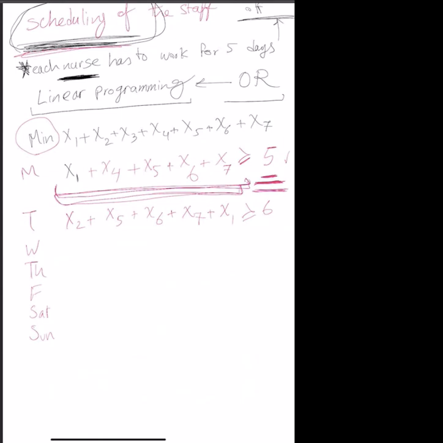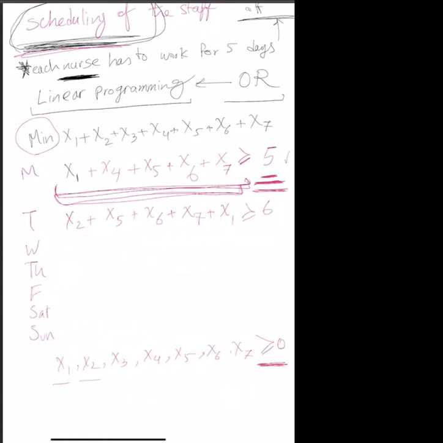So that's a mathematical model, which basically says find the value of x1, x2, x3, x4, x5, x6, x7. All of them I know are greater than or equal to 0. These are the number of staff that should start working on Monday, Tuesday, Wednesday, and so on. So they cannot get negative values. All of them are going to be greater than or equal to 0 for sure.